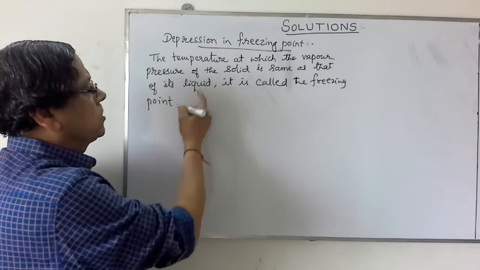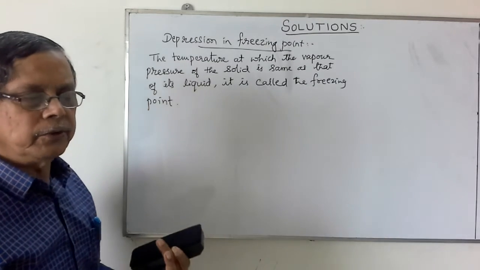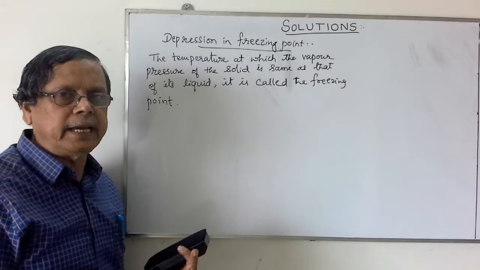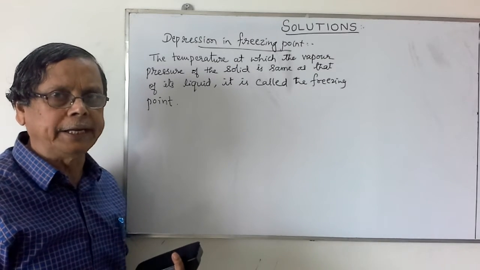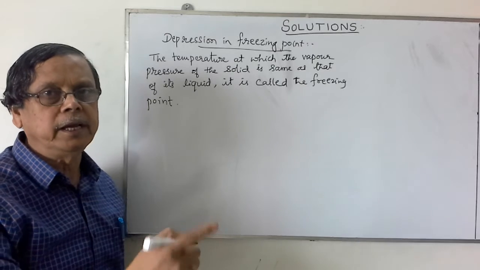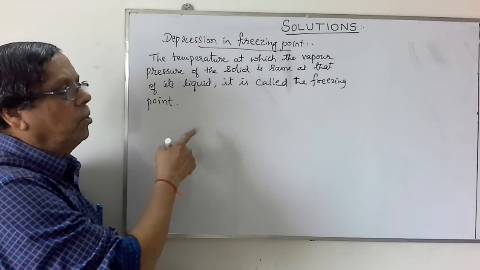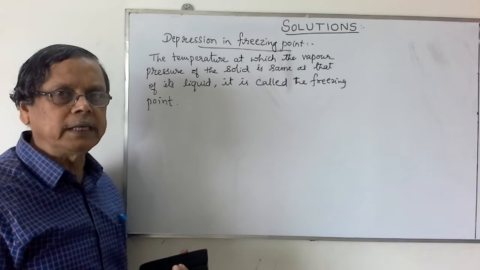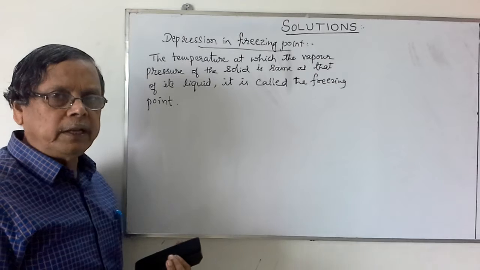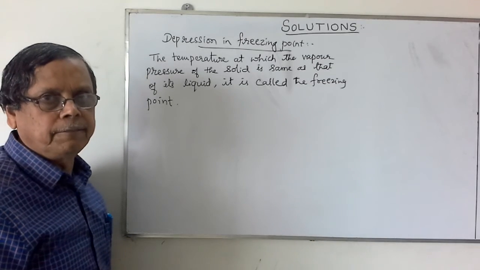Now, when a solute is added to a solvent, in this chapter, when we say a solute, remember it is a non-volatile, non-electrolyte, unless we mention about the nature of the solute. When you consider a non-volatile, non-electrolyte solute, the vapor pressure of the solvent decreases. When the vapor pressure decreases, automatically the freezing point also decreases.